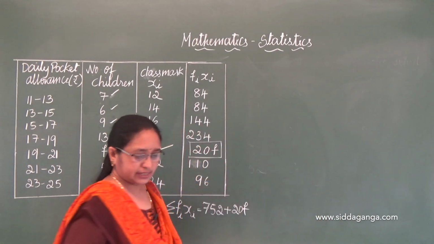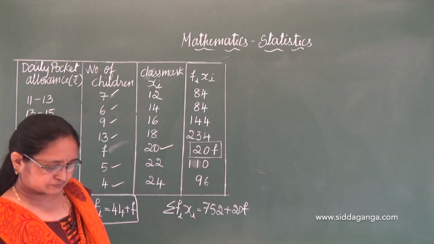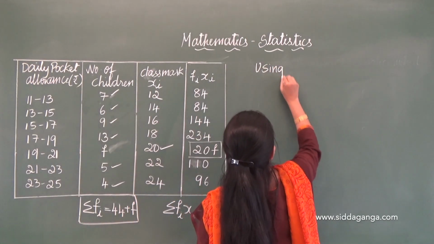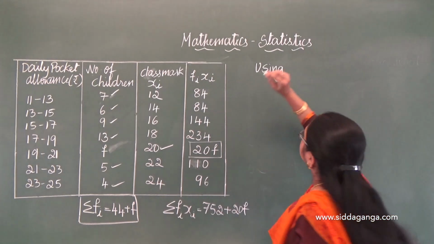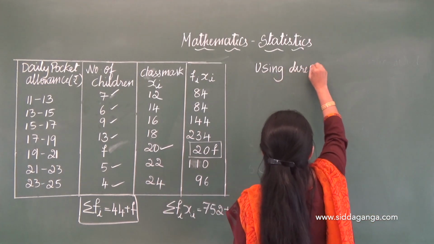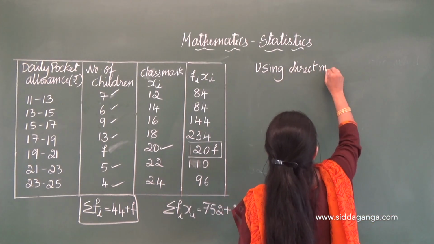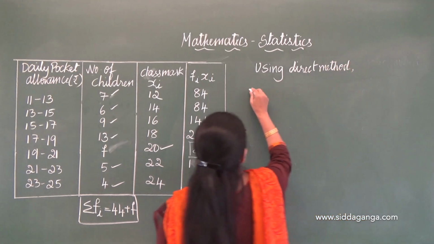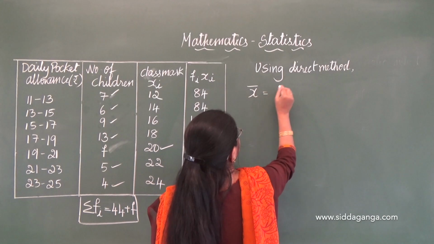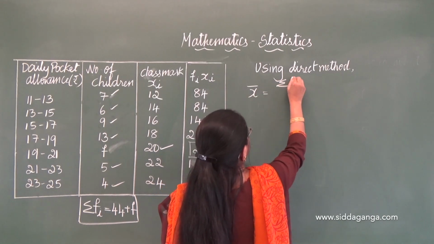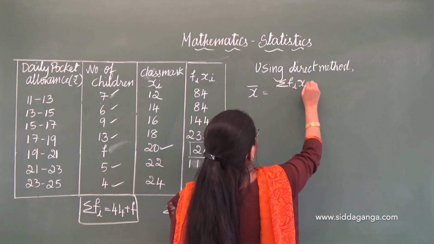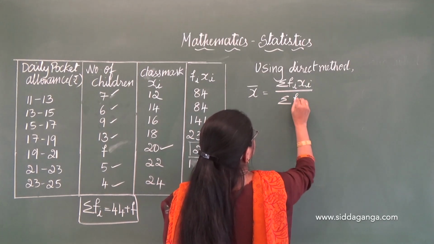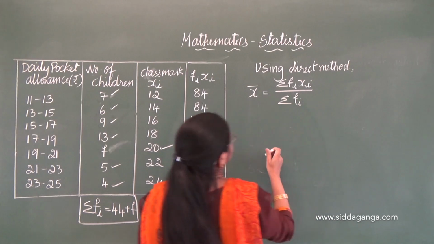Okay, now by using direct method, so now I am going to calculate using direct method. Sigma Fi Xi divided by sigma Fi. Okay.